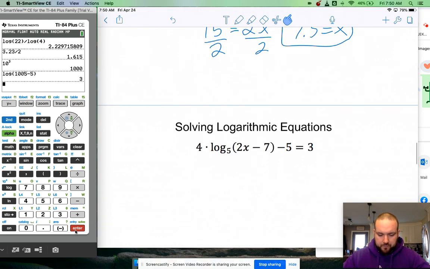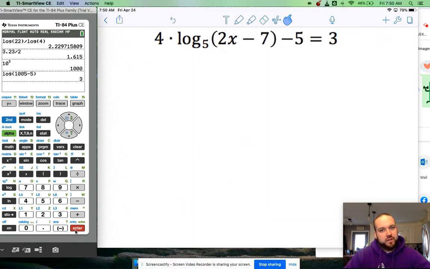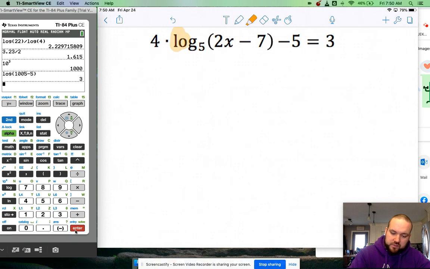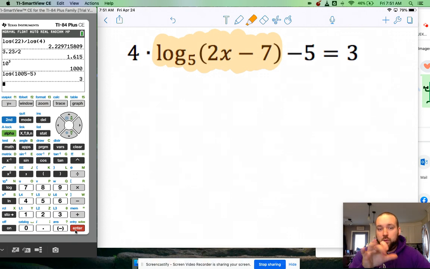Okay. So what happens here if there's more stuff going on than just the logarithm? So here's my log portion. And I'm going to stop highlighting the moment that right-hand parenthesis is done, because that's the log portion of this equation. I need to get that by itself before I'm ready to rewrite this as an exponent. So I'm going to get rid of the 4 and the minus 5 like I normally would in any other algebraic problem.